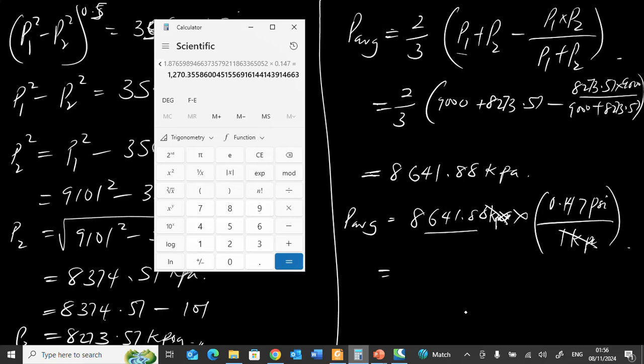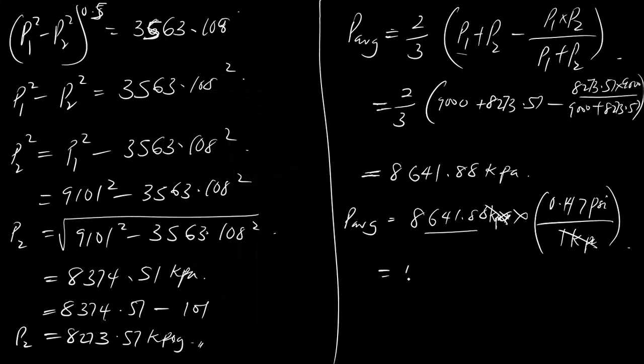So 8,641.88 times 0.147 is equal to 1,270.36 PSIG.